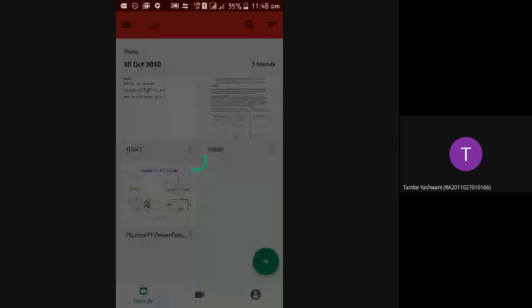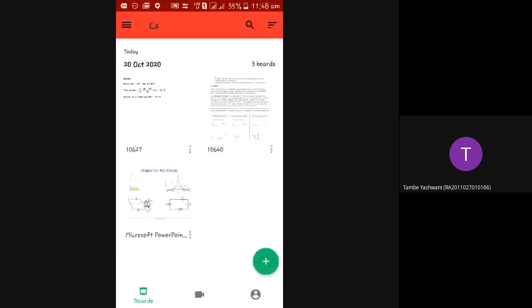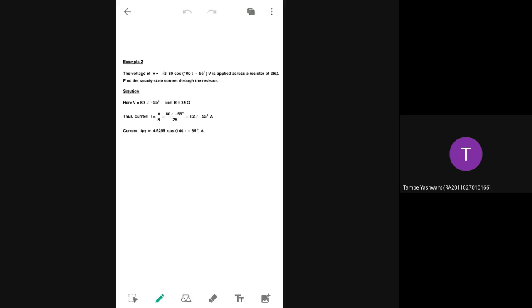Wait. We'll have to solve some star delta problem. Plus I'll do. Okay.